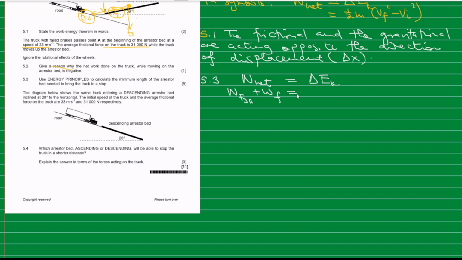This will be equal to delta EK, which we break down as half m v final squared minus half m v initial squared. We can simply factorize this and write it as half m, v final squared minus v initial squared.